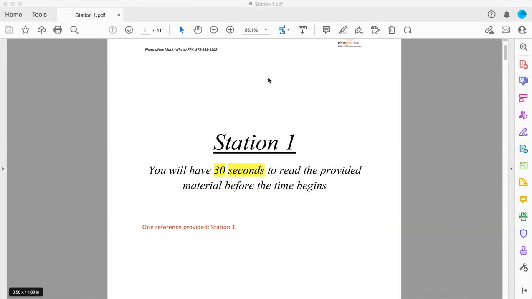Yeah, sure, no problem. I'm gonna send you now the reference for station 1 to the Telegram group, okay? I assume that you are all in the Telegram group, OSCE Pharma Free OSCE group on Telegram, correct? Yes.